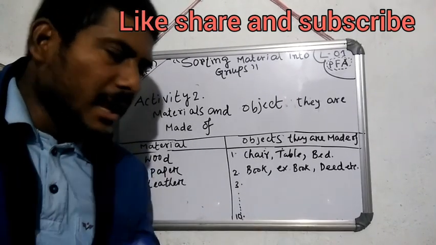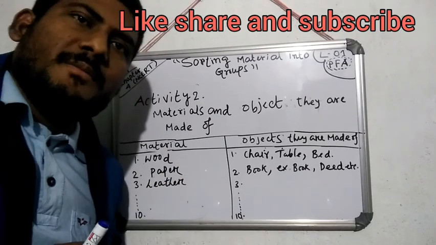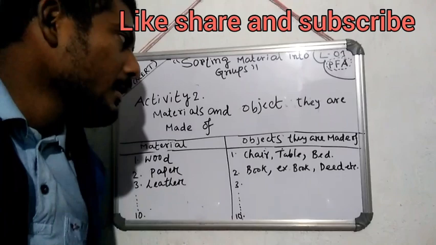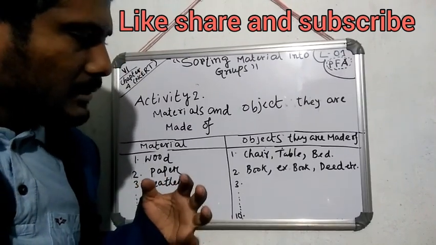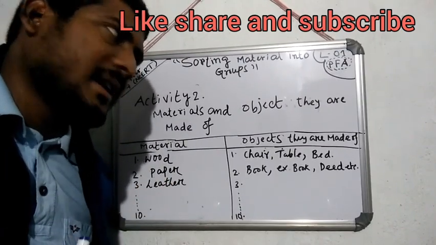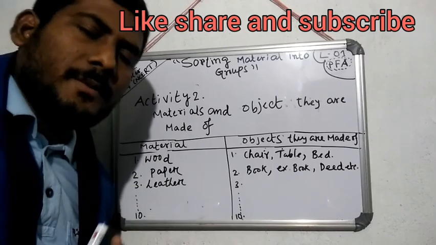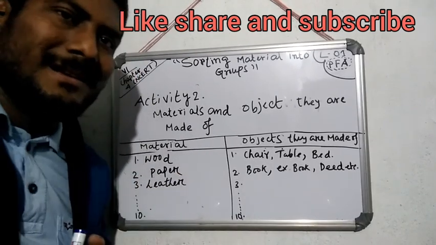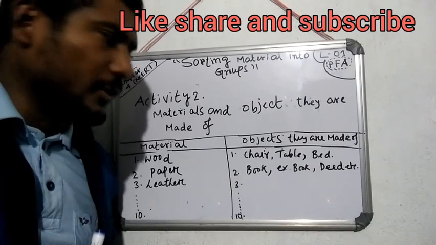Now, think about a material such as wood. You will observe that different types of objects are made of wood. For example, chair, table, bed, etc. are made of wood.